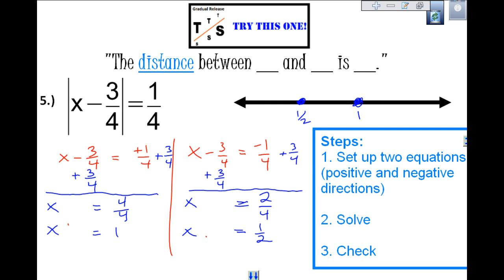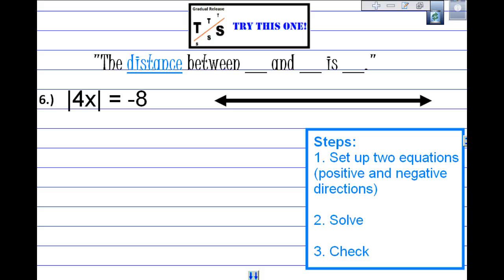Nope. Almost done. You do this one right. Wait, how do you check?